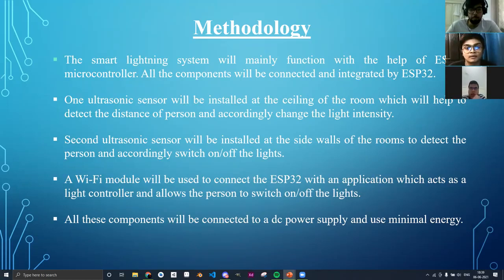Also, a Wi-Fi module is used to connect the ESP32 with an Android application that acts as a light controller, and allows the person to switch on or off the lights in hands-free mode. Next slide.